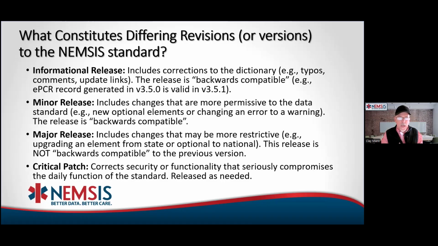So that's a good way to think about it. For example, you can add an element to NEMSIS even under a minor release, but that element needs to be optional, right? So it's permissive. It doesn't require everyone to comply. So minor releases will always be permissive.